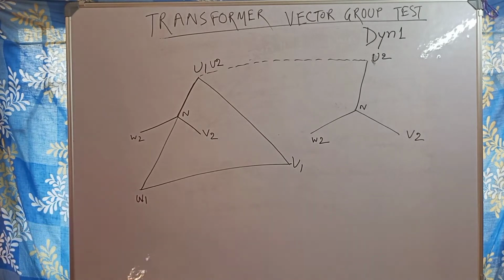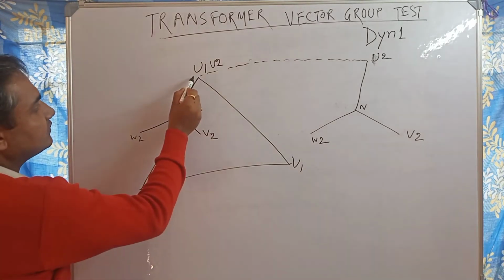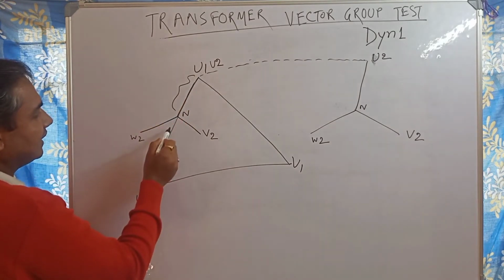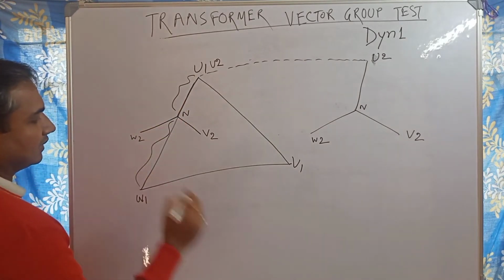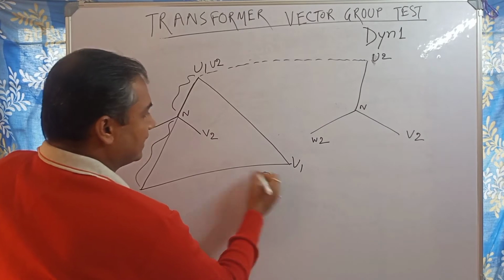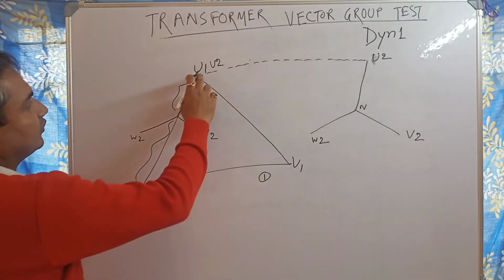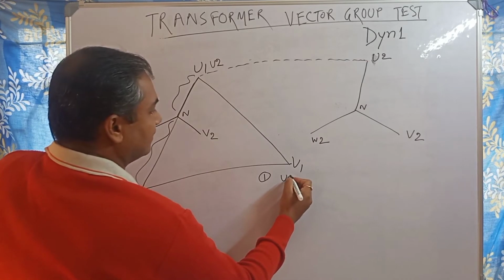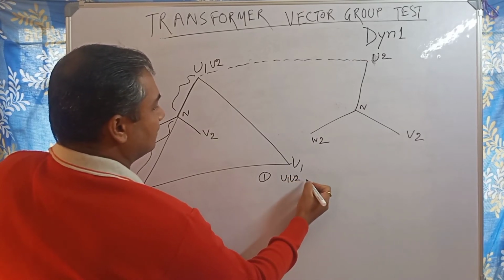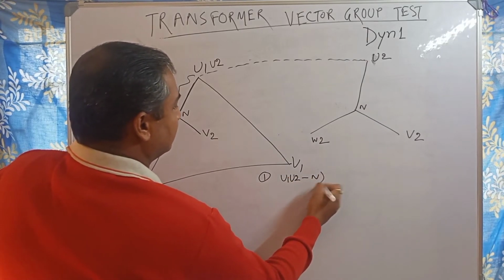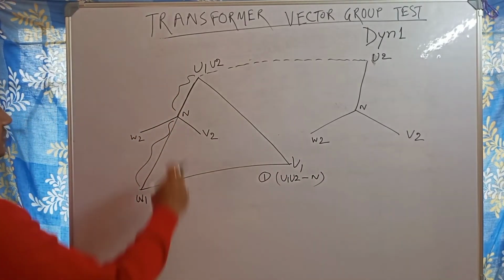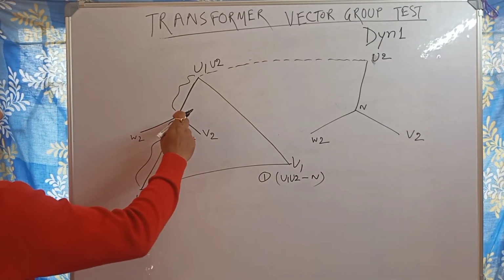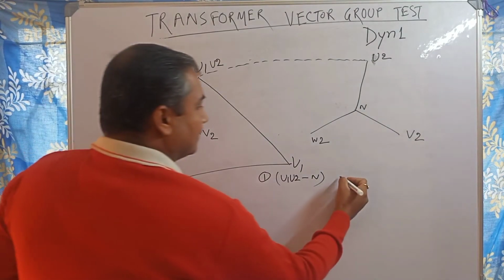Correct. Now I will have to measure the voltage between U1 V1 to N and N to W1. First, I will measure the voltage between U1 U2 to N. Also, I will measure the voltage between N to W1.